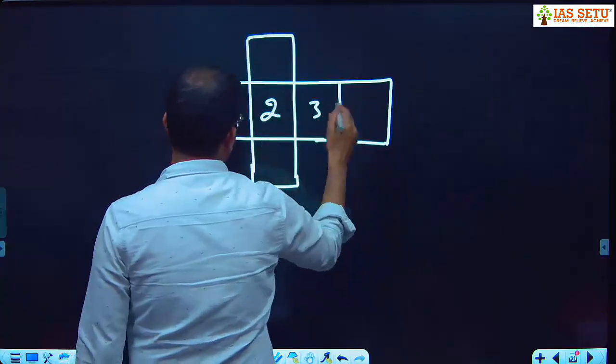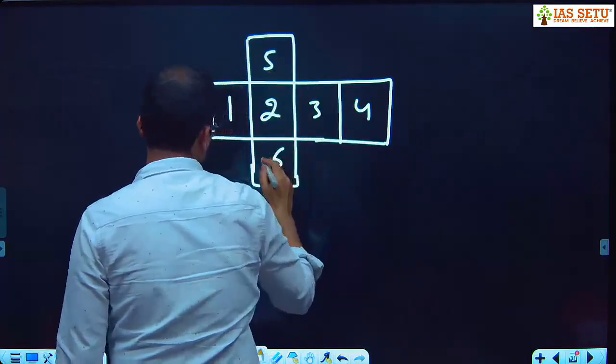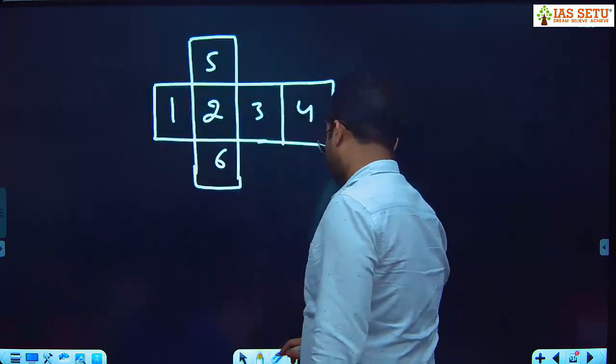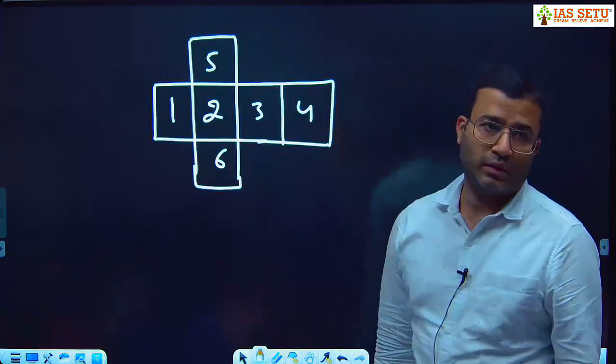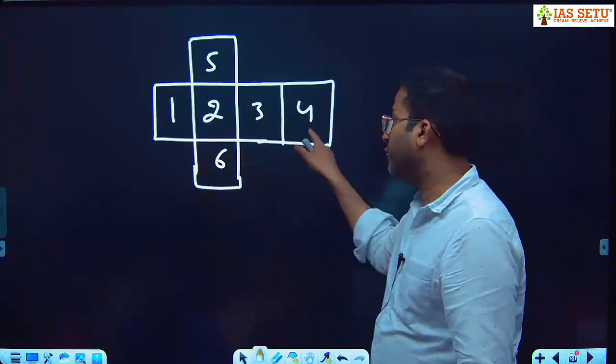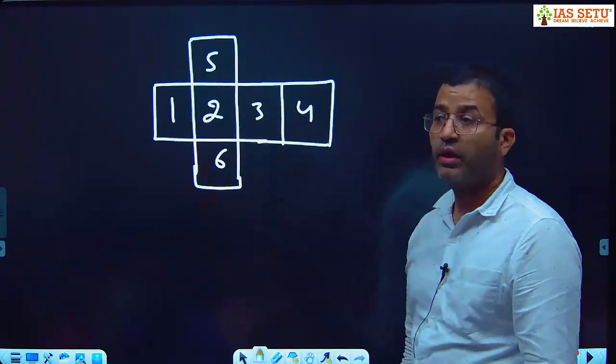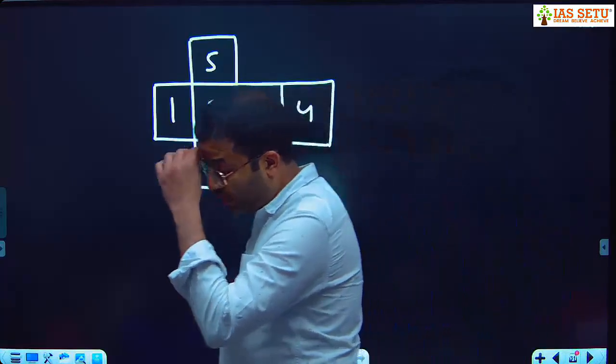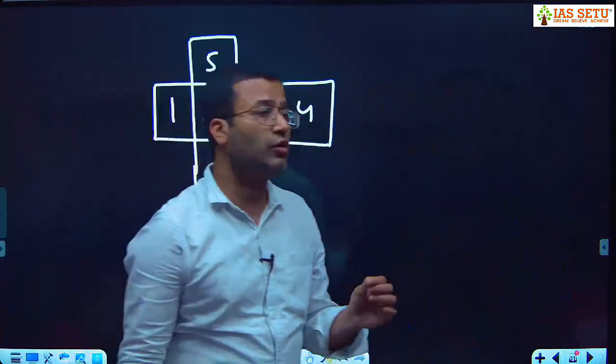One, two, three, 4, 5, 6. Here also, if you fold it, it will be a box. So here we have 4 faces like this. Here also, in a column or in a row, alternate faces are always opposite.